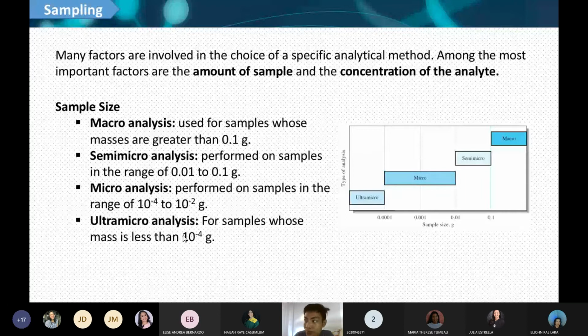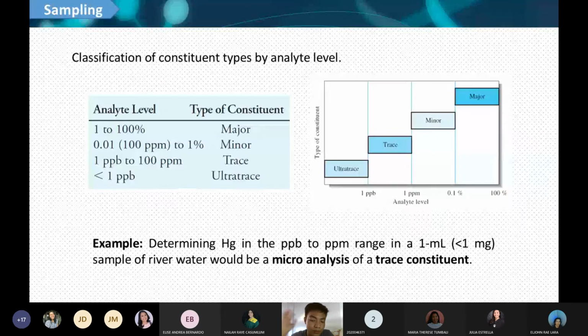Mauubos yung sample mo. Okay, so for each sample size, there is a corresponding method. Also, depending on the amount of your analyte. Ano pala yung analyte, sir? Yung analyte yung solutes sa inyong sample. So, instead of sabihin ko na lang na solutes sa sample nyo, I will call them analyte. Okay?